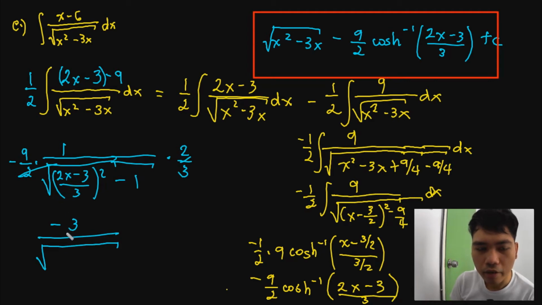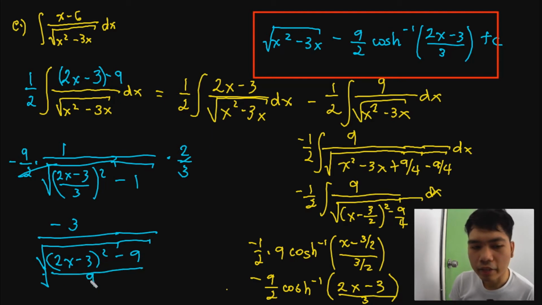And then, this one is maging ganito siya. We can have here something like 2x minus 3 squared and then minus 9 over 9. Okay, so we can extract 9 here, di ba? We can extract 9. Alam naman natin na pwede natin gawin yon, yung square root of 9, and then kung extract natin yung square root of 9 from here, mapupunta siya sa taas, so magiging 9 yung ating ibabaw.